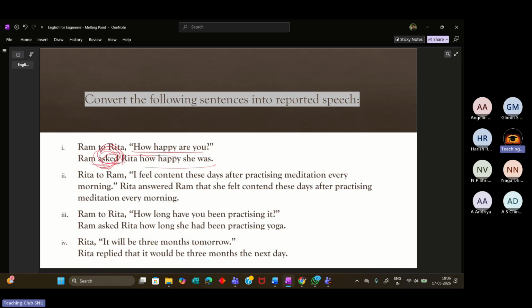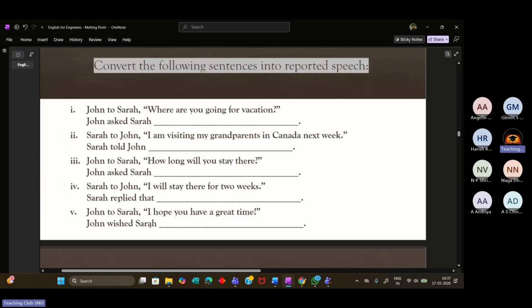With this "asked", we can understand he asked the question to her. That's how it should be all the time. Rita to Ram: "I feel content these days after practicing meditation every morning." This is a statement in response to a question asked before by Ram. So we say Rita answered, and the rest is the same.